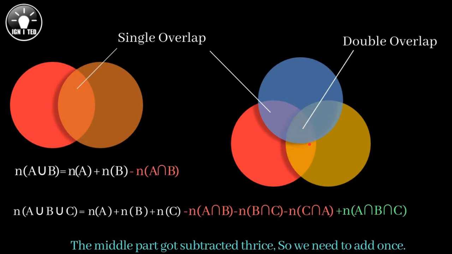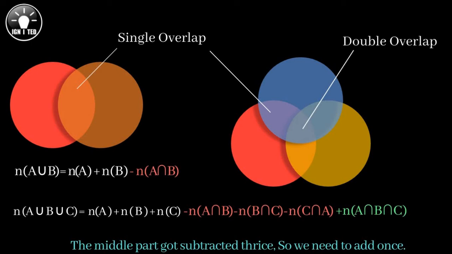That hollow should not be there because we have to take the complete area. That is why we add the triangle part, the intersection of A, B and C. The middle part got subtracted thrice, so we need to add it once.